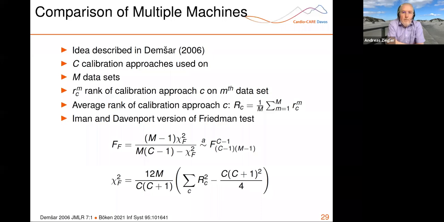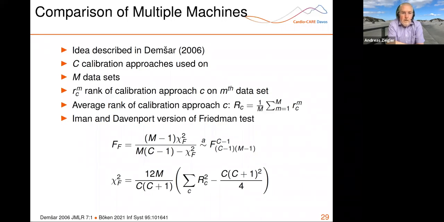If you want to compare multiple machines, there are approaches available as well. And the approach we have used in our simulations and also in our real data analysis is described in detail in the paper by Demšar from 2006 in the Journal of Machine Learning Research. Actually, he used C calibration approaches on M data sets, and he worked with ranks, and he took the average rank of the calibration approach, and with this he used some kind of modified Friedman test.